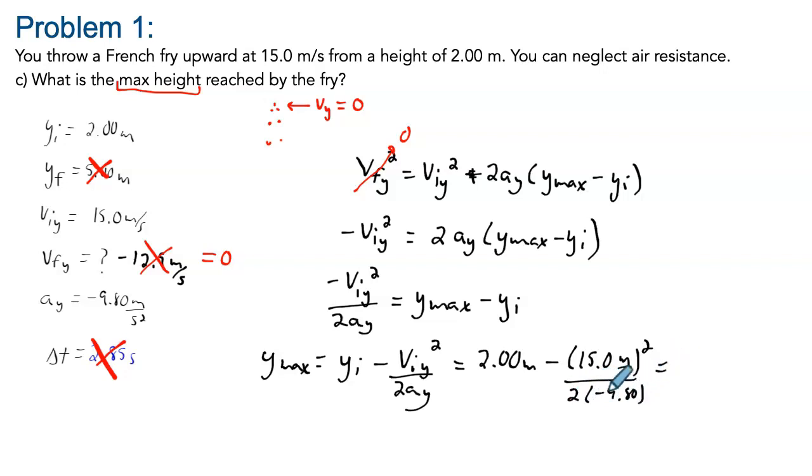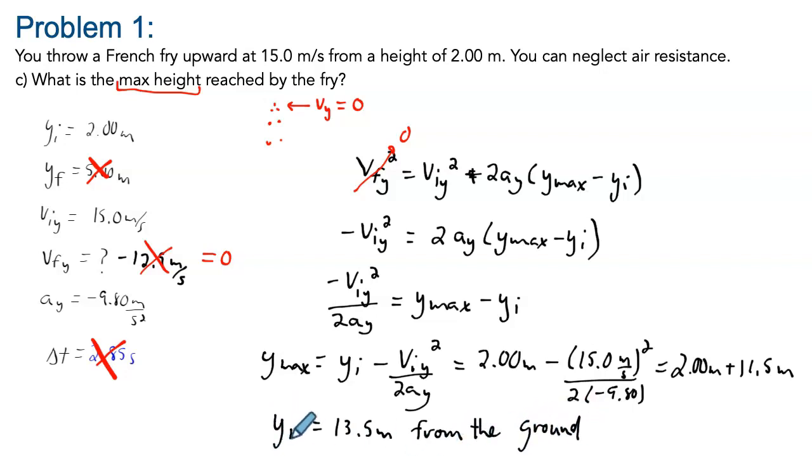And once we solve for this, we get 2 meters plus 11.5 meters. So the total height for the y max will be equal to 13.5 meters from the ground. And not surprisingly, this is bigger than the final height that we had previously, that was of 5 meters.